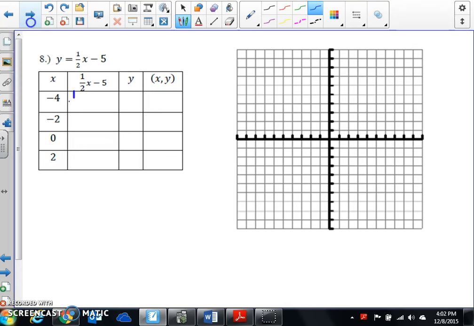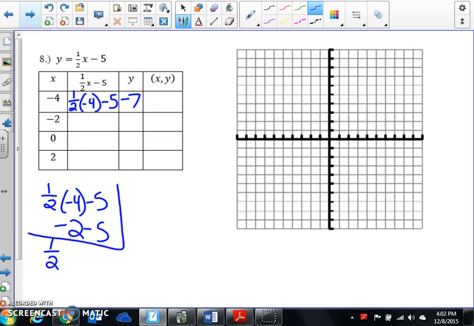So I plug in 1/2 times -4 minus 5. All right, half of -4, because I have to use order of operations. Half of -4 is -2, right? -4 divided by 2 is -2, minus 5 gives me -7.